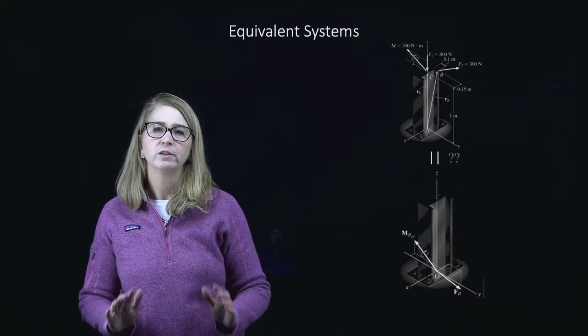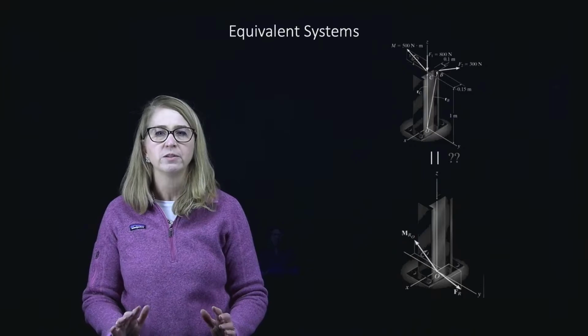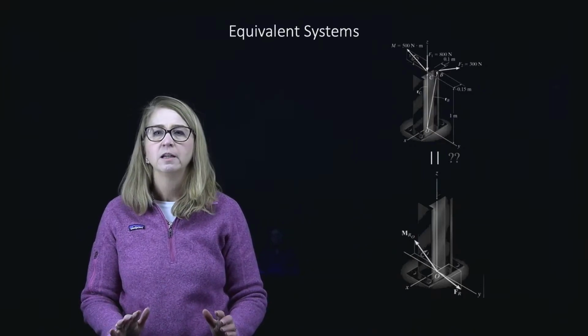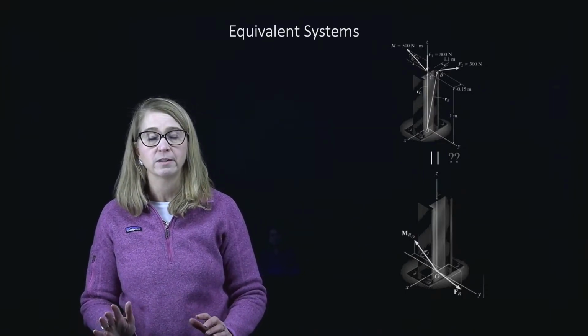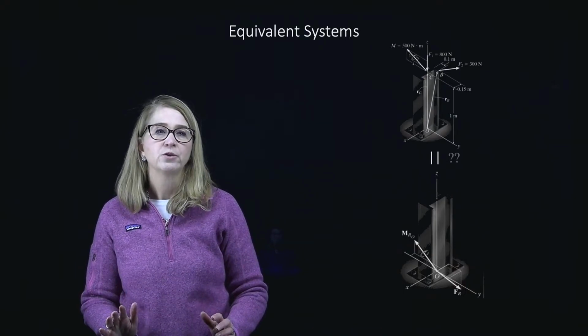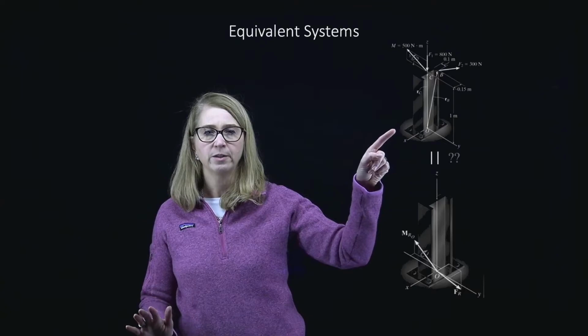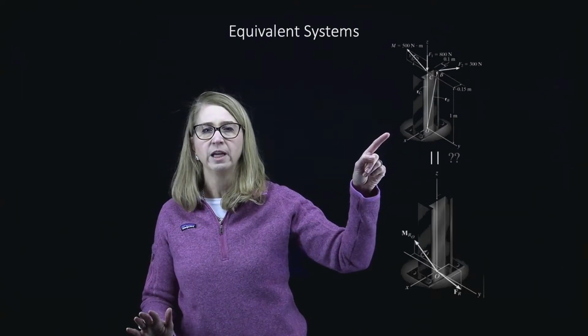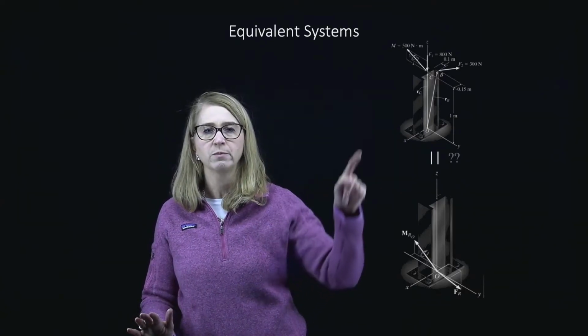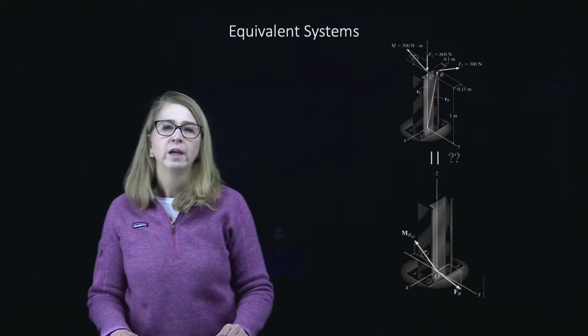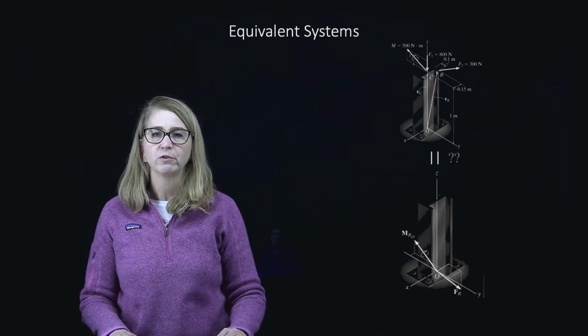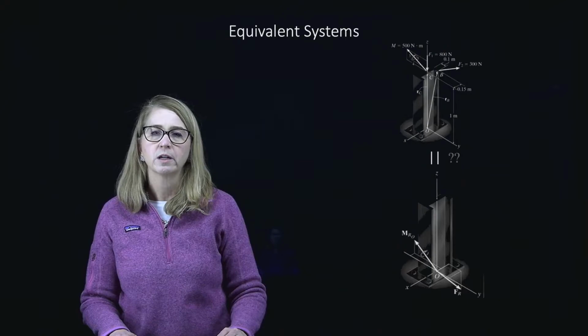But you want the simplification to give the same external effect that the more complicated system had before. So this is sort of an illustration of a system as it might be in real life, and then the equivalent system. So we have an I-beam, and it's being subjected to a couple different forces as well as a couple.